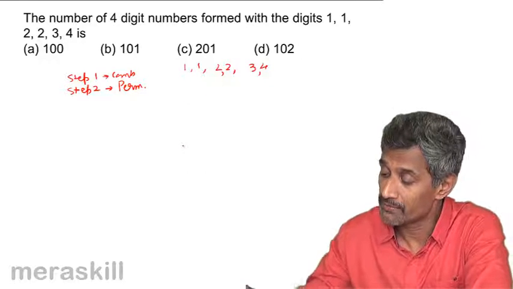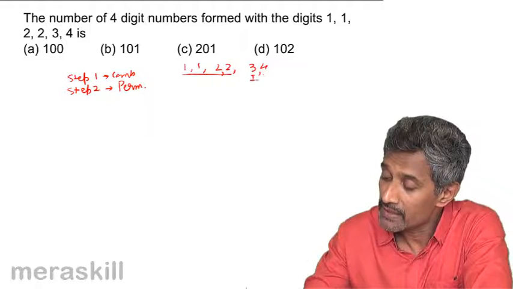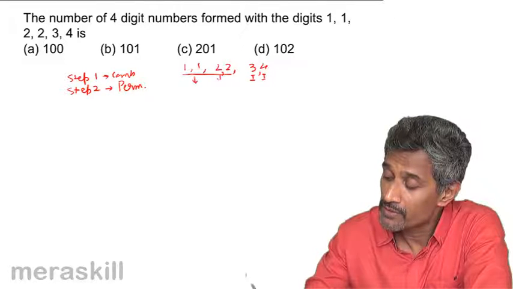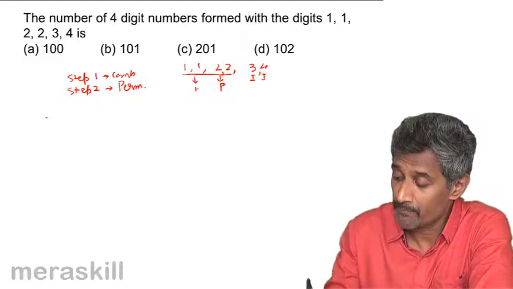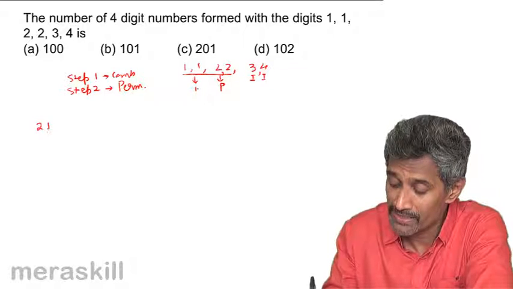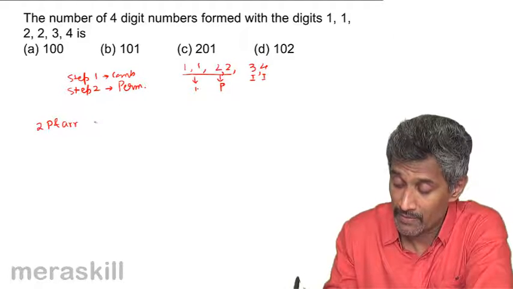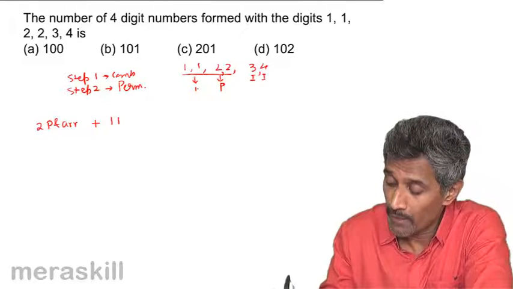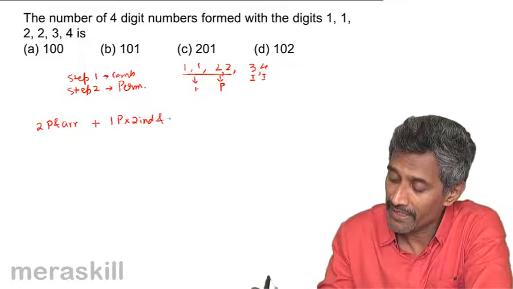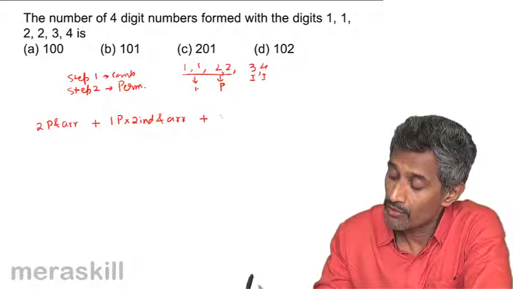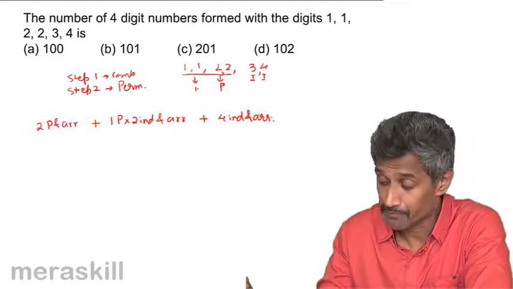1, 1, 2, 2, 3, 4. So there are these 2 pairs and the others are individual. So there are ways of choosing the 4 digits. We are choosing 2 as pairs and arranging, or we choose 1 pair with 2 individuals and arranging, or we are choosing 4 individuals and arranging them.